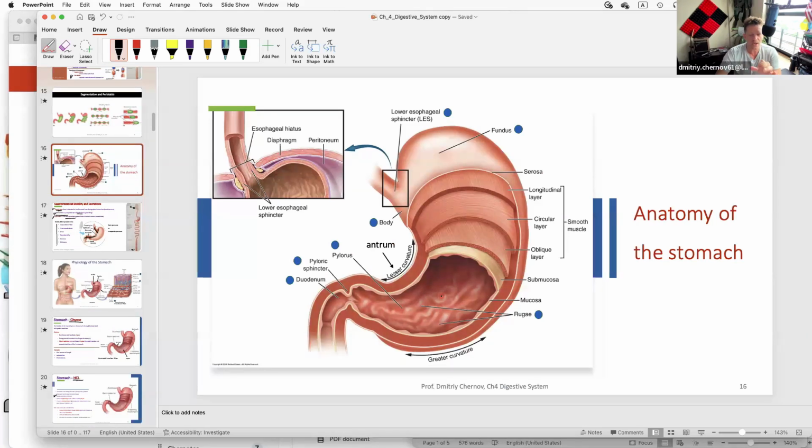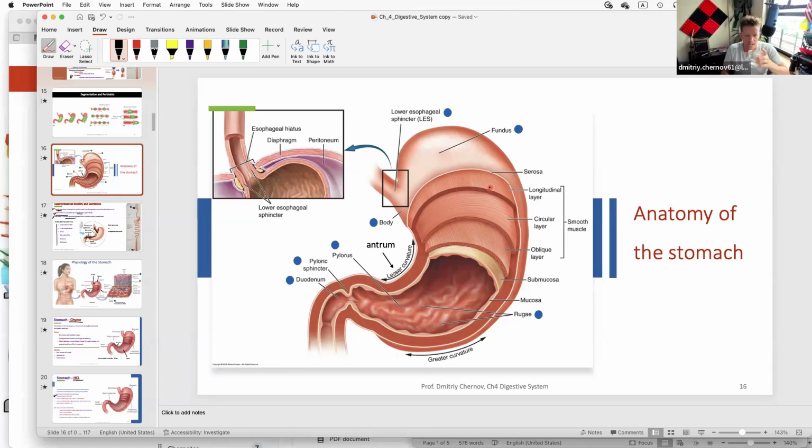Remember rugae, right? Folds. So look at the stomach. It's a muscle, right? There's a longitudinal layer, a circular layer, and oblique layers. So the stomach can churn and digest food. The size of the stomach is the size of your fist, if you're a healthy person. But it can stretch and hold up to 4 liters, like a gallon of water.